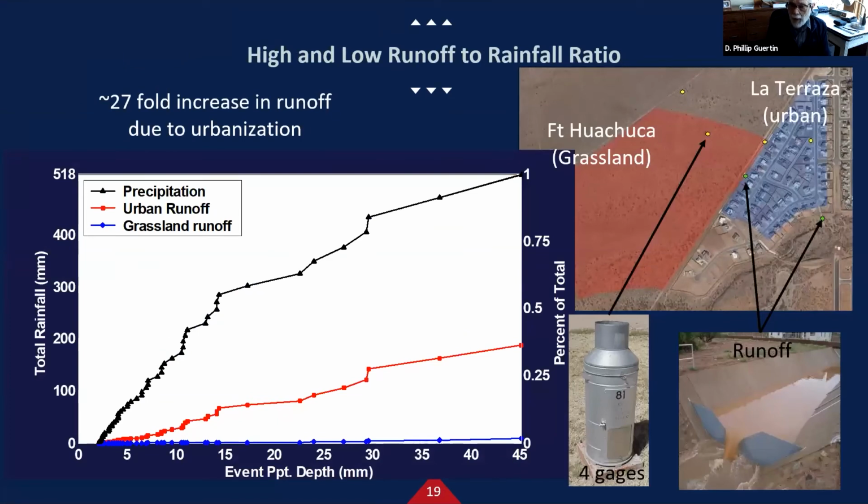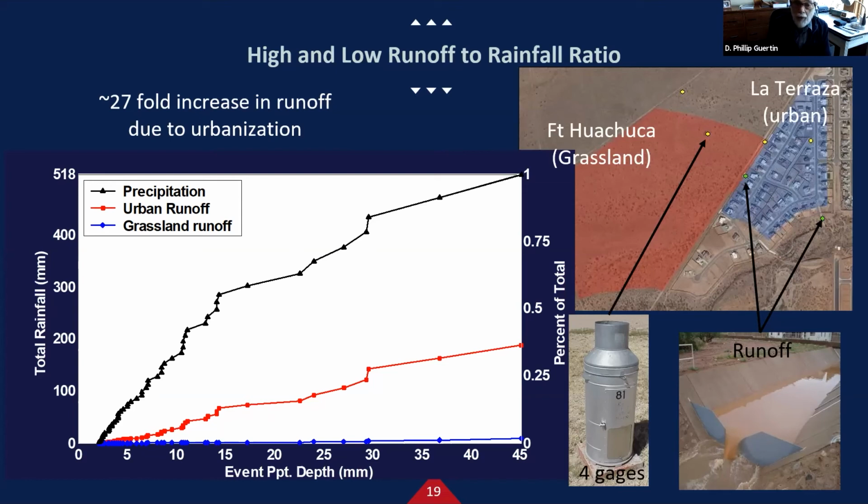This is a study that we did near Walnut Gulch. This is in Sierra Vista in southeastern Arizona. We have 2 watersheds. One was a grassland, the other one was an urban area. And you can see the black line in the graph is accumulative precipitation.